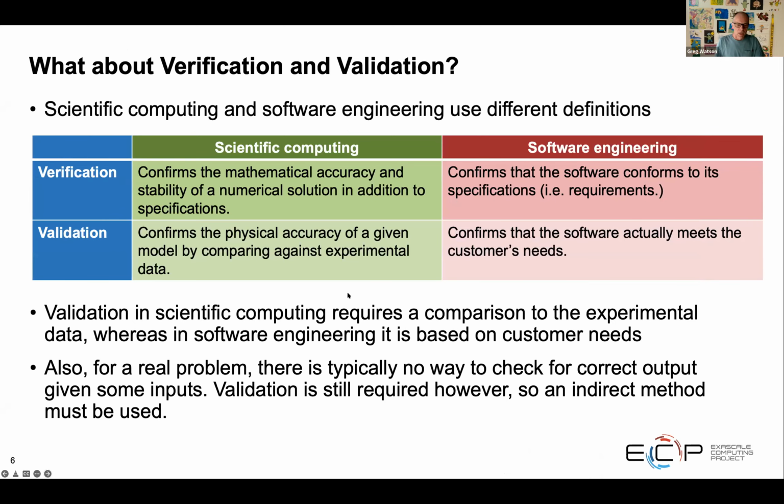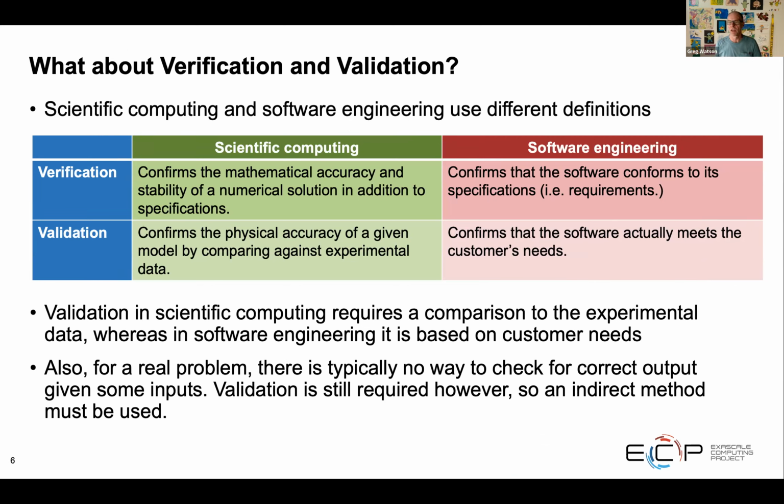Okay. What about verification and validation, which I mentioned? Software engineering and scientific computing both refer to verification and validation, but they tend to use different definitions. So I just wanted to highlight those here.